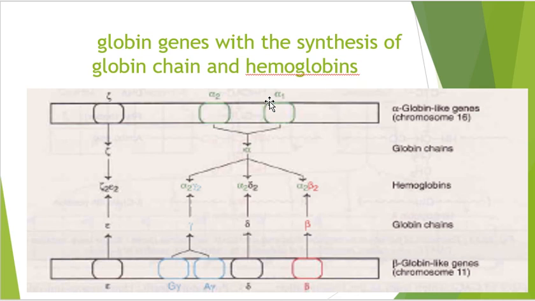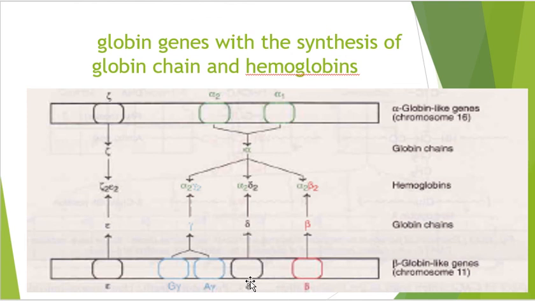In the beta gene family, the synthesis of beta globin occurs from a single gene located on chromosome 11. This chromosome also contains 4 other genes. One is the epsilon, expressed in the early stages of embryonic development. 2 gamma genes synthesize gamma globin chains of fetal hemoglobin.